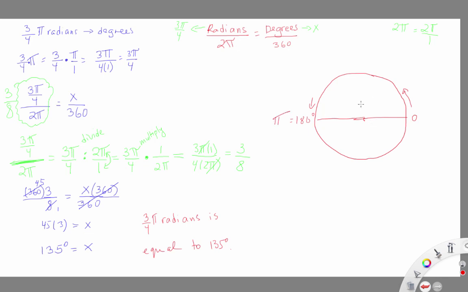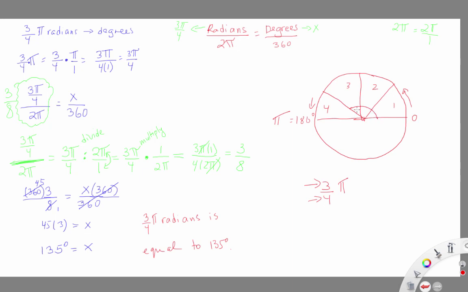Well, what we were looking for in this problem was 3/4 of pi. So we're going to take pi and divide it into 4 parts. First I divide it into 2 parts, and then I divide it into 2 more. I get 4 parts. 1, 2, 3, 4 parts. I am interested to know how much 3 out of the 4 parts is as an angle.